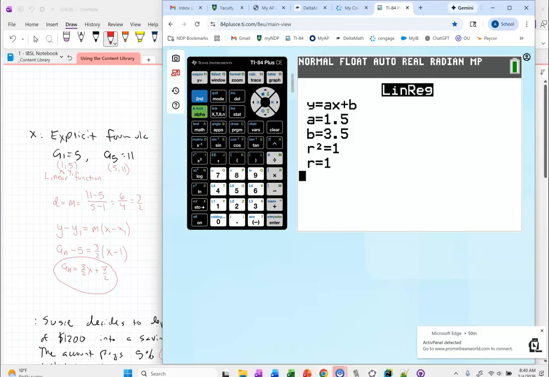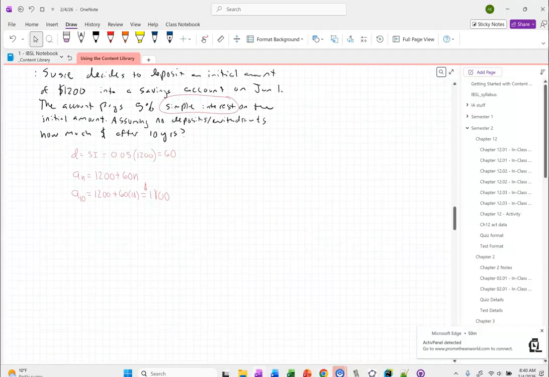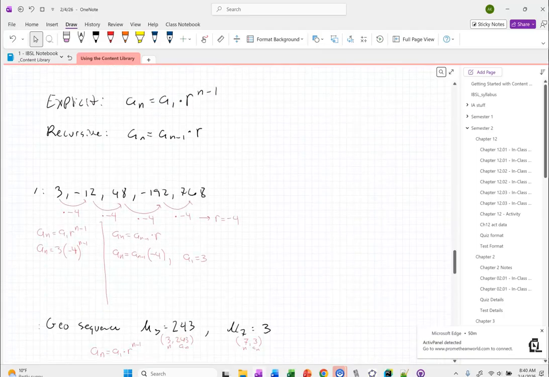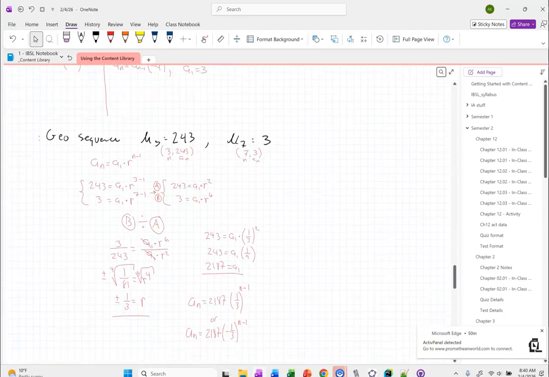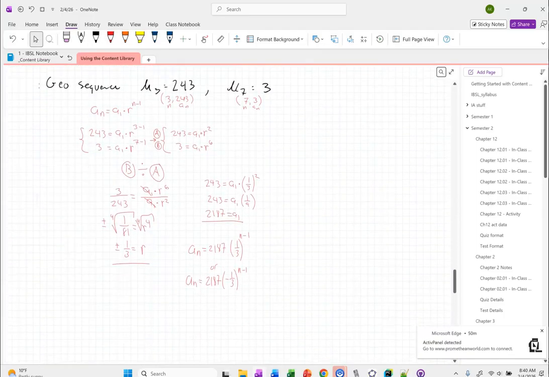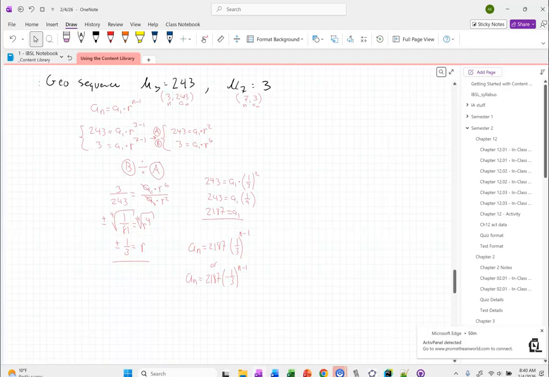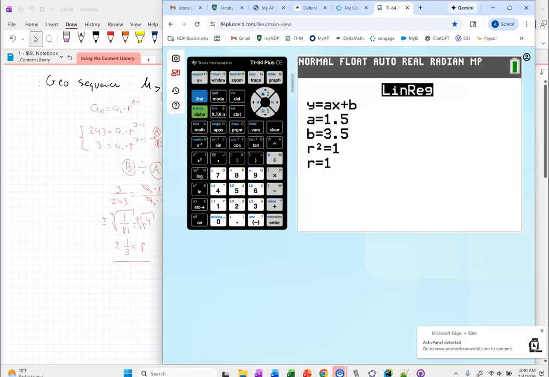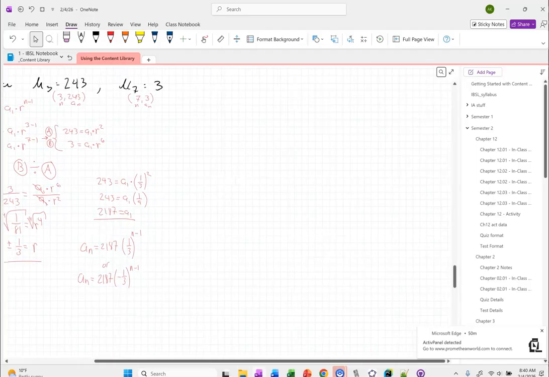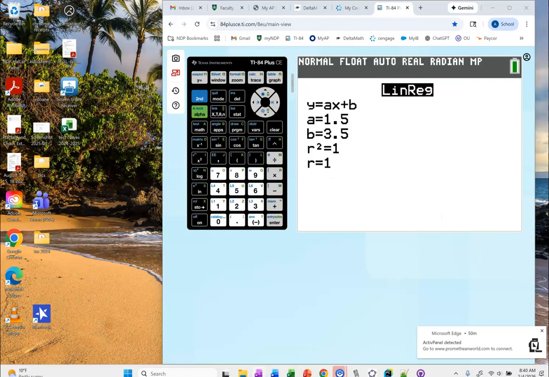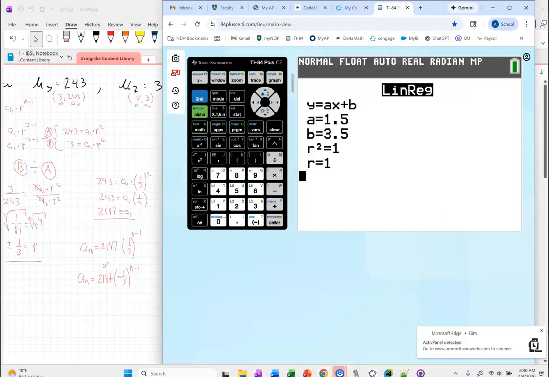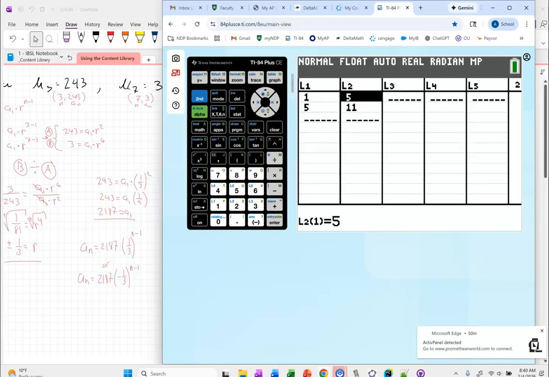Now, that's not a big deal because this one's fairly easy algebraically. Where it becomes real nice is a geometric one, because this was kind of a hassle, right? I can do the same thing. So stat, edit. I'm going to type my x's, so 3 and 7 into L1.